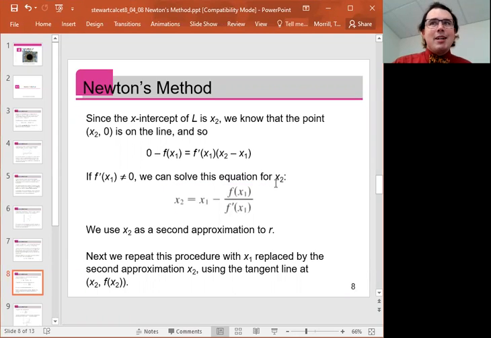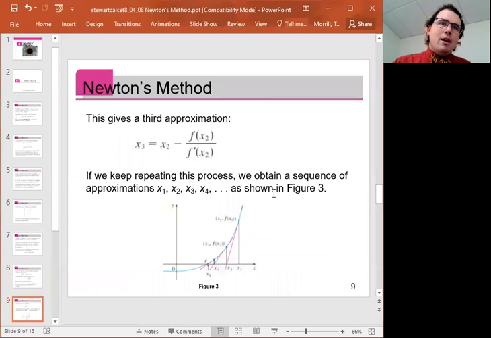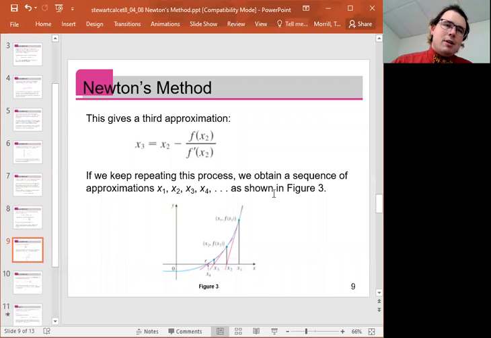Then I get to do it again. So each time that I do this, as long as it's working, should be getting me closer to that root. So maybe my initial guess is here at x1.